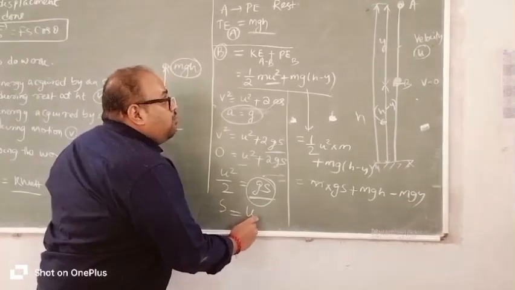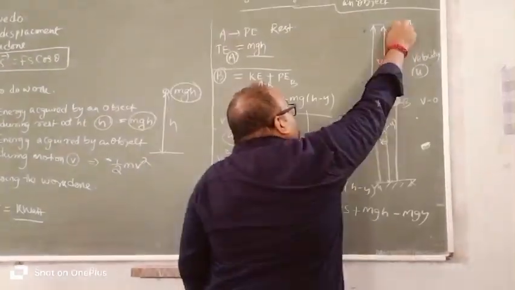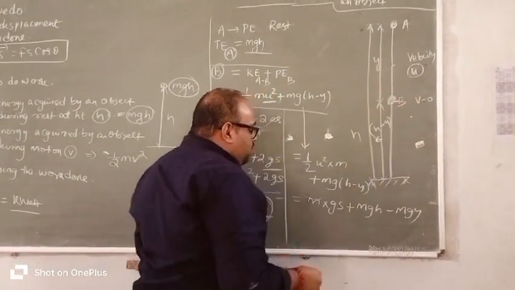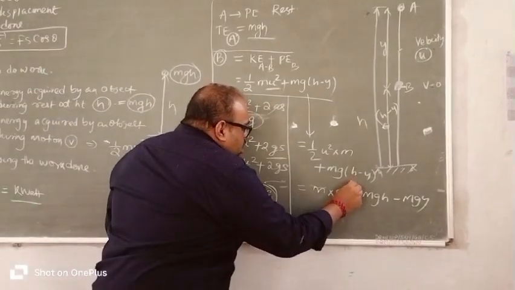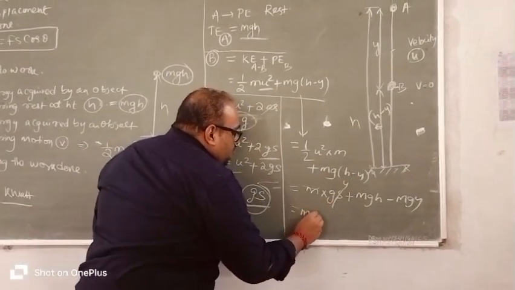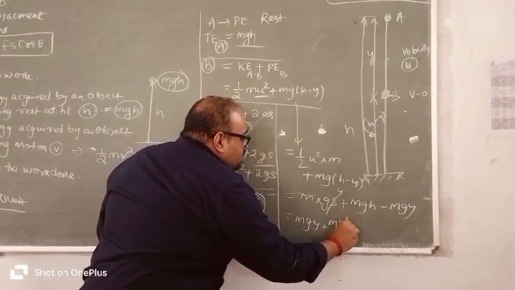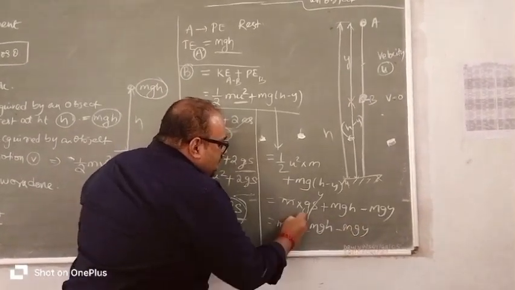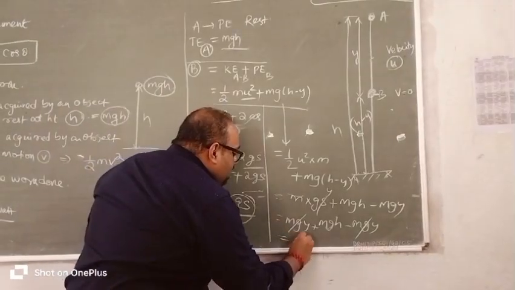But see here, the distance covered s is equal to y, because the object covers y distance and only then reaches point B. So in place of s, y is put: mgy plus mgh minus mgy.